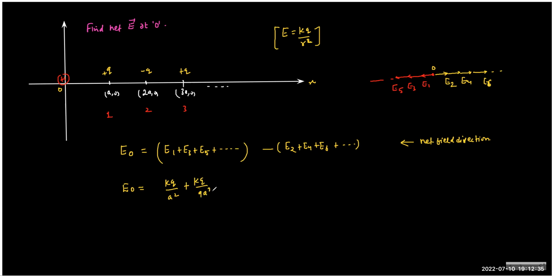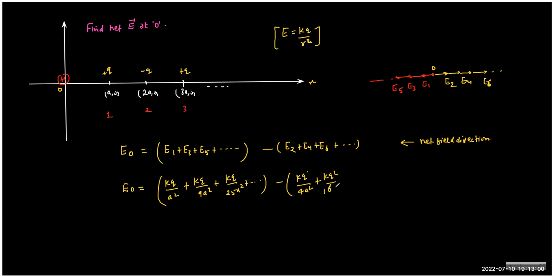Then 9, then 25. And the even one will have how much value? KQ by 4A square, then 16A square.